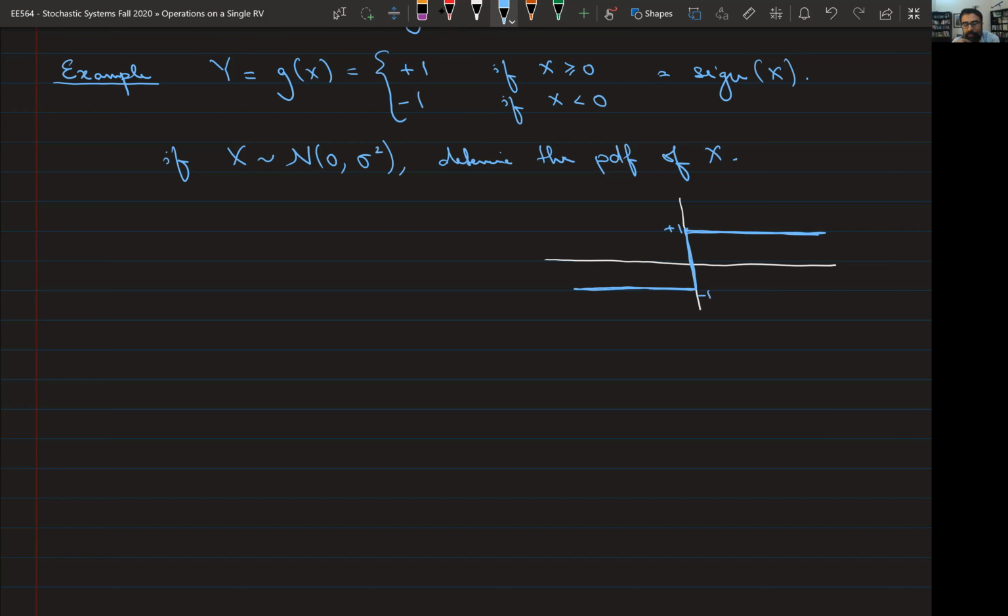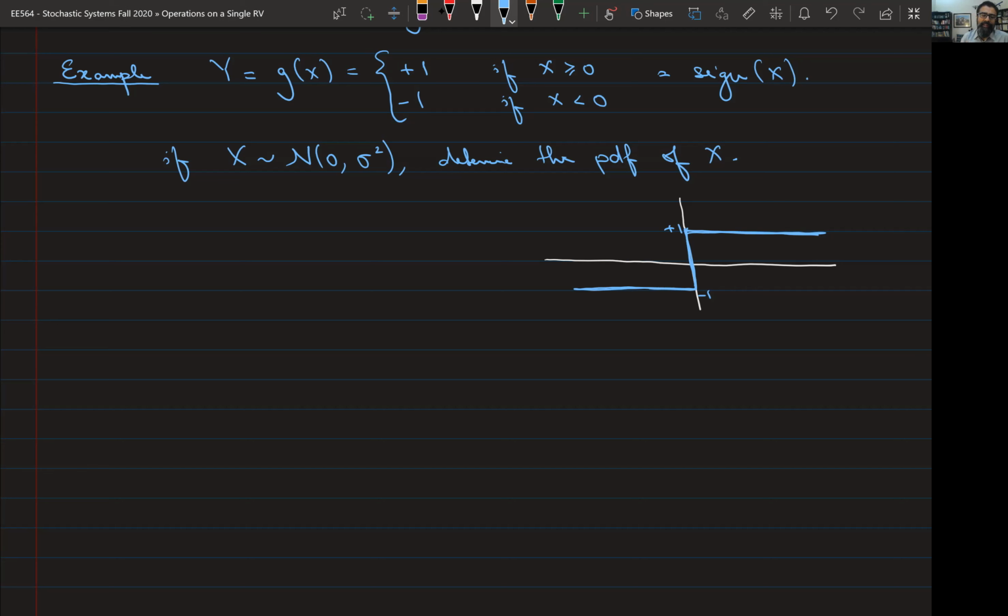Okay. Now, if you were to go ahead and try to apply that formula, you would say capital Y equals +1, let me try to find the roots, right? How many roots do you have? You have an infinite number of roots, but not only that, you have an uncountably infinite number of roots. Okay, so that summation does not really make sense. If you went a bit further, that should be replaced with an integral.